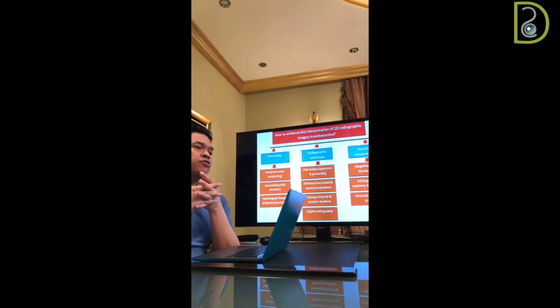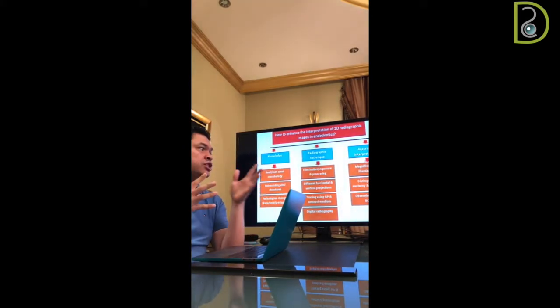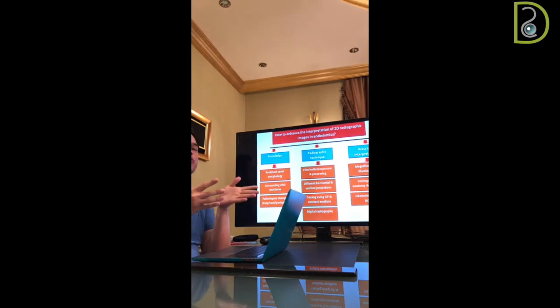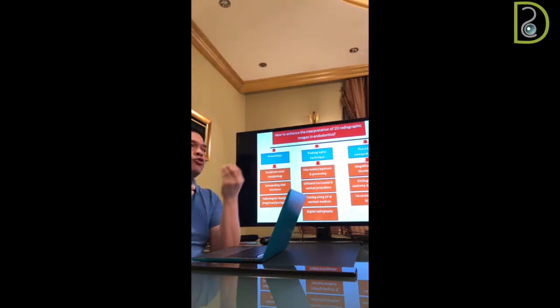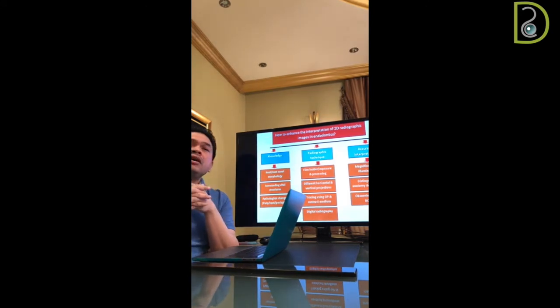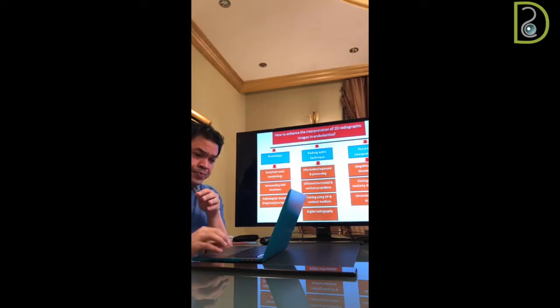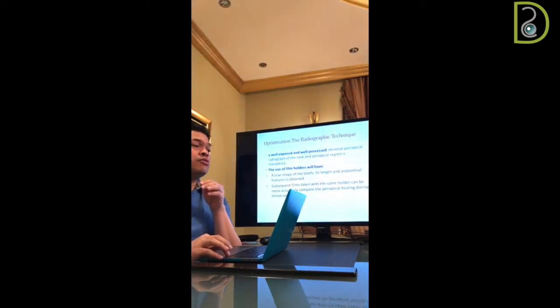You have to know how to trace gutta-percha and how to use digital radiograph, and after that how to interpret your radiographs, magnifications of course, distinguish anatomy and pathology, and also observe the previous root canal filling material inside the root canal.